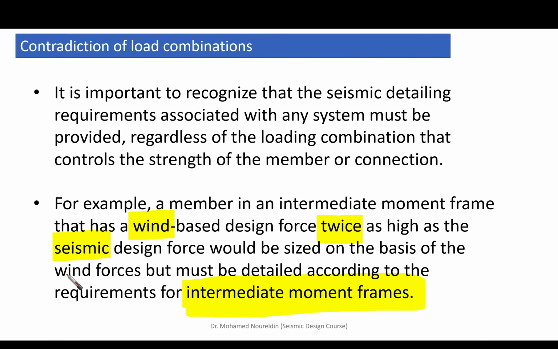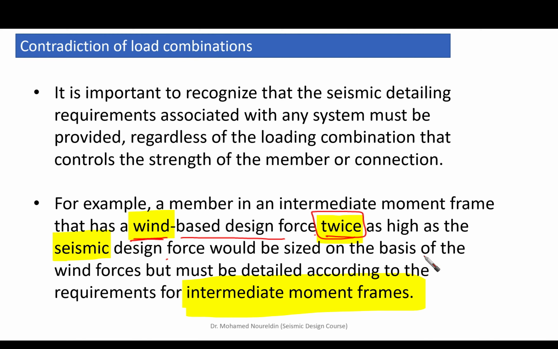Okay, now let's go to the contradiction of load combination. I call it contradiction, but it is not contradiction. Sometimes there are some loadings that you do not know. For example, if we have a member in an intermediate moment frame that has a wind-based design force that is twice as high as the seismic design force, it would be sized on the basis of the wind forces.